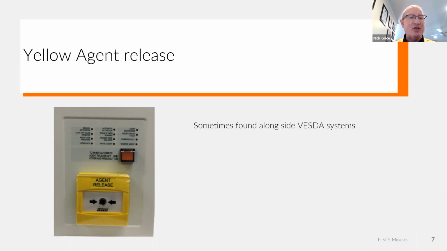This one has actually got a flap on it. You can lift the flap up, push a button, and it will automatically release the gas deluge system into that room, putting out the fire. I haven't seen yellow used for anything else, but they could be.